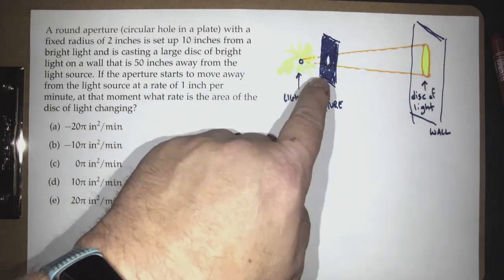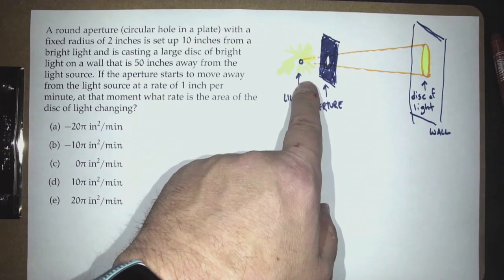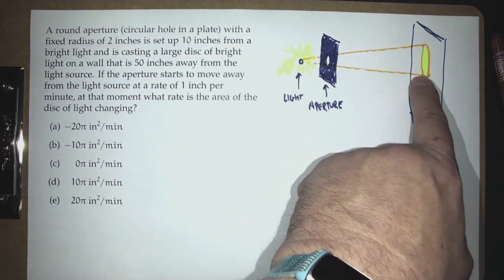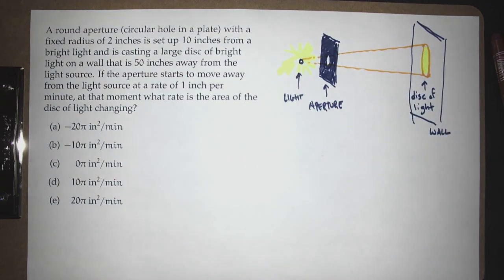So here's our aperture, there's the fixed radius. Set up 10 inches from a bright light. It's casting a large disk of bright light on a wall that's 50 inches away from the light source. If the aperture starts to move away from the light source at a rate of 1 inch per minute, at that moment, what rate is the area of the disk of light changing?